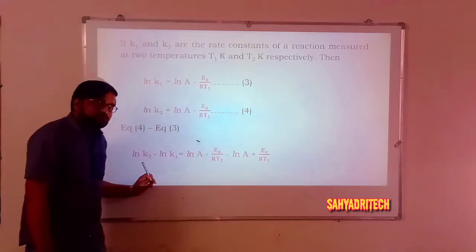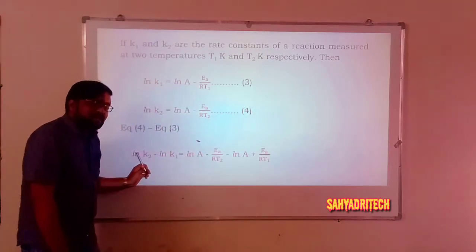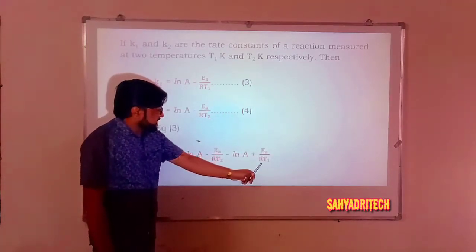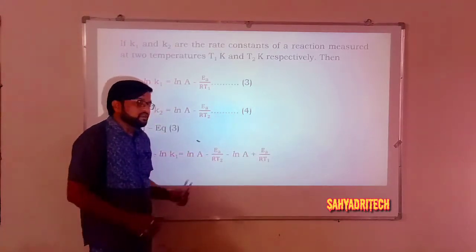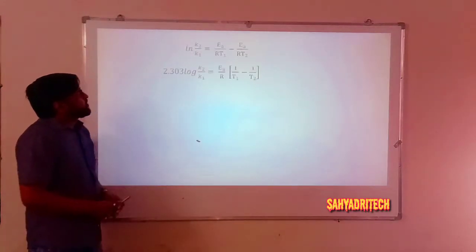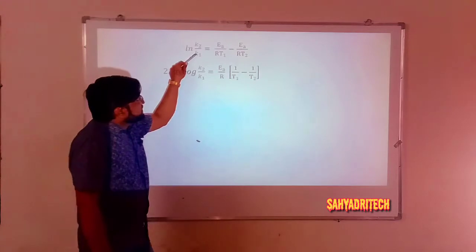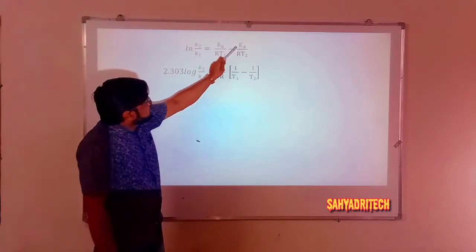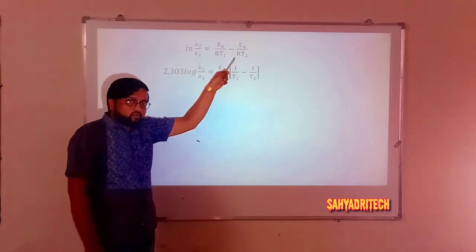So on the LHS, what is the form we are going to get? ln K2 by K1 is equal to Ea by RT1 minus Ea by RT2.